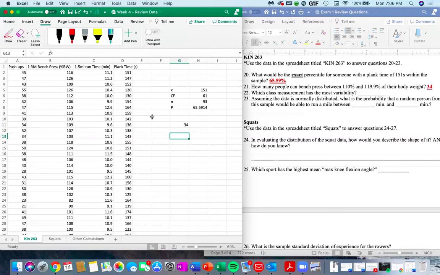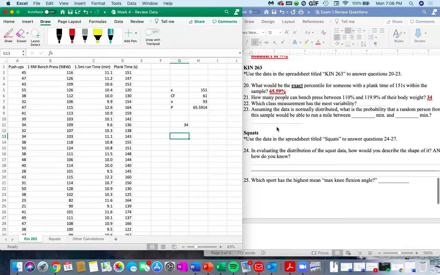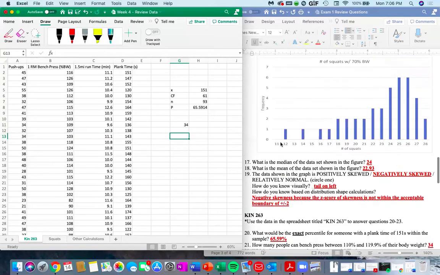Z-scores? Not quite. That is a standard score. Do we use the variance formula? Variance would just be the square of standard deviation, so that wouldn't really give us much different information. These are very good guesses, you guys.